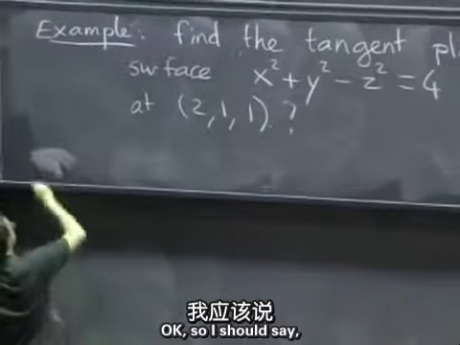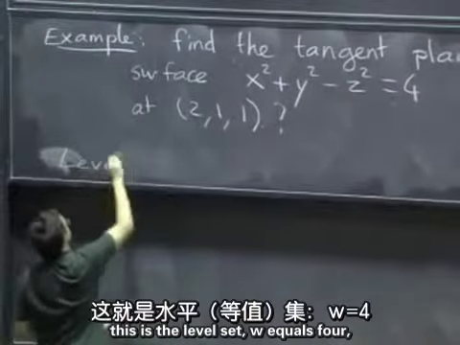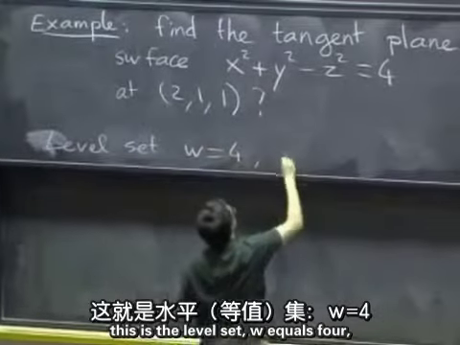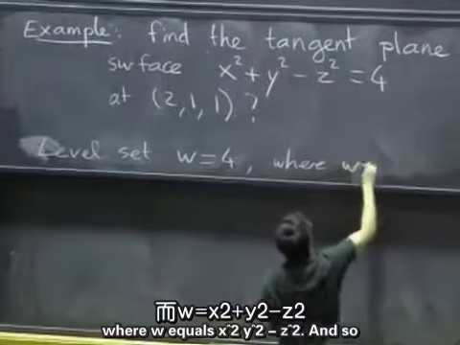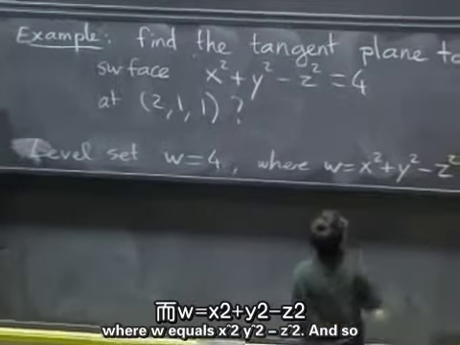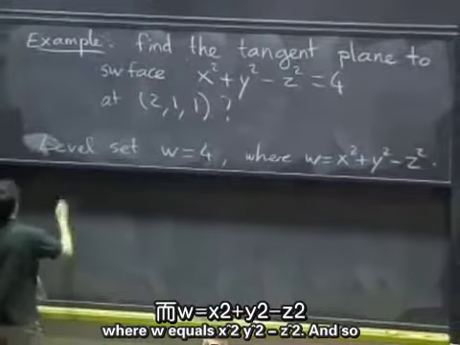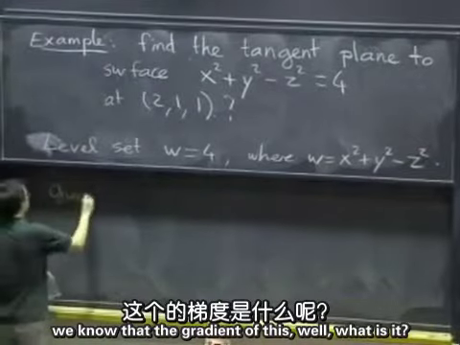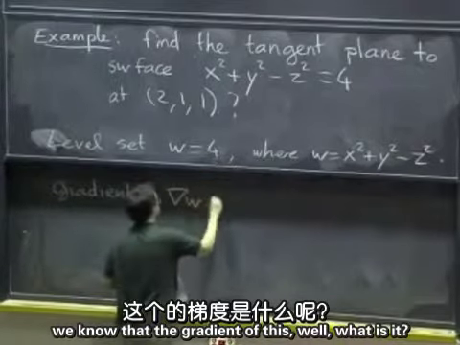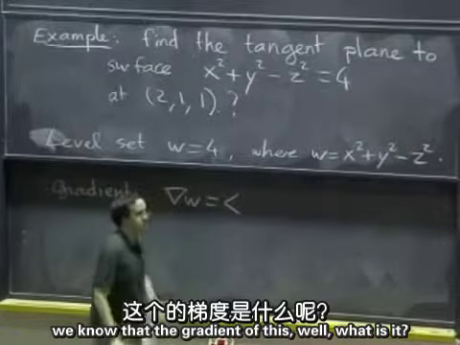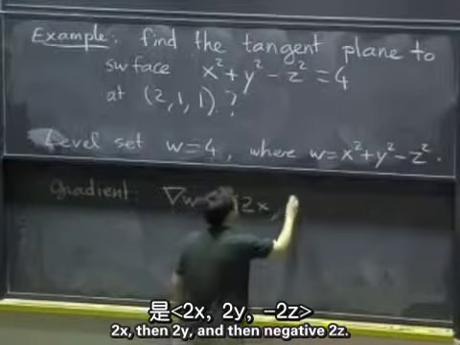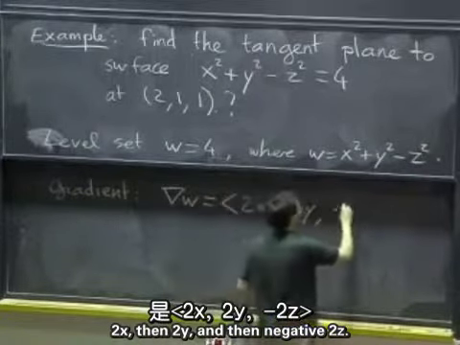This is the level set w equals 4, where w is x squared plus y squared minus z squared. And so the gradient of this is 2x, then 2y, and then negative 2z.